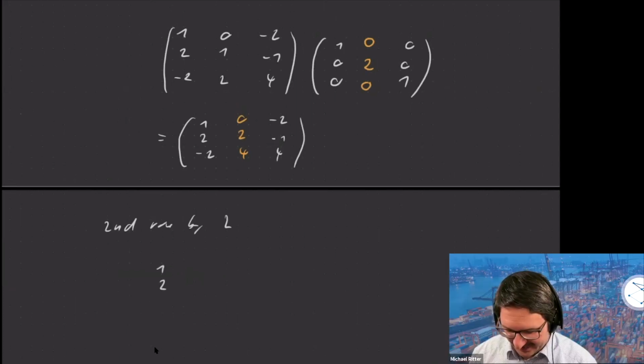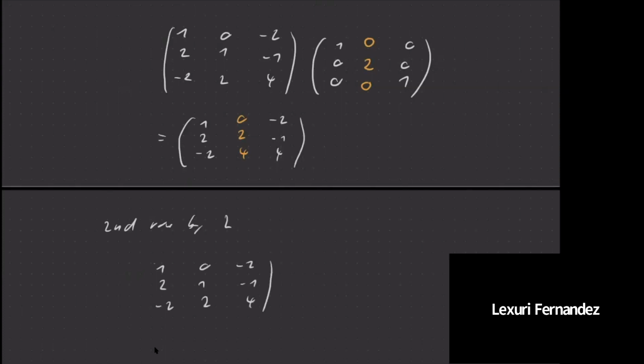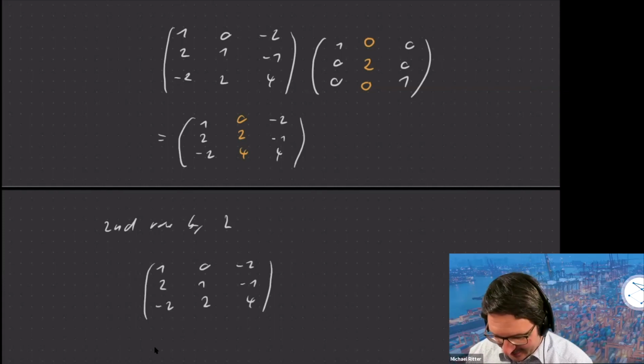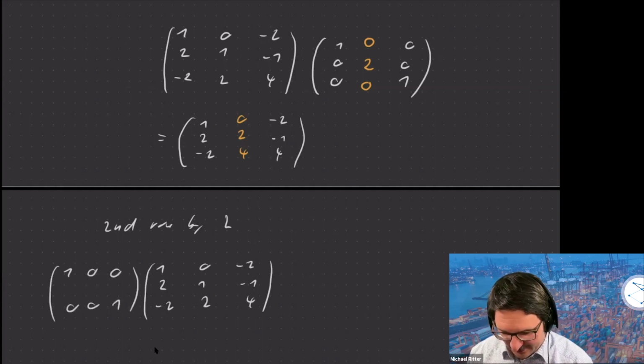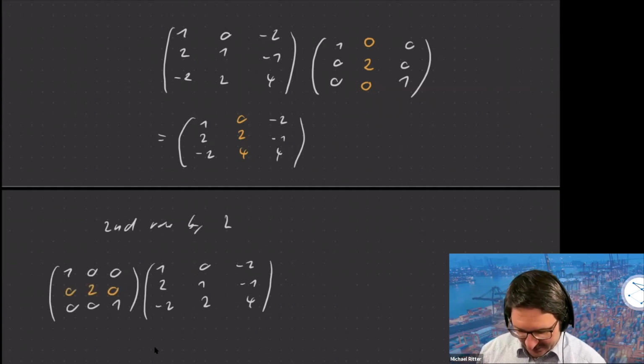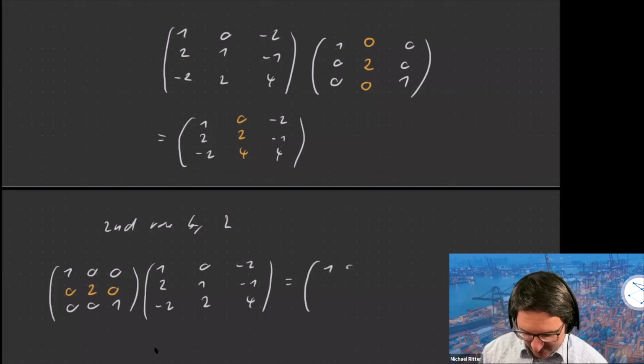Clear. So let me just write down that for the sake of completeness. So again, this is A here. And if I want to multiply the second row of A by 2, then I can use the very same matrix. I copy the first and the third row. And now I need, as the second row, 0, 2, 0. And that will multiply the second row of A, yes.